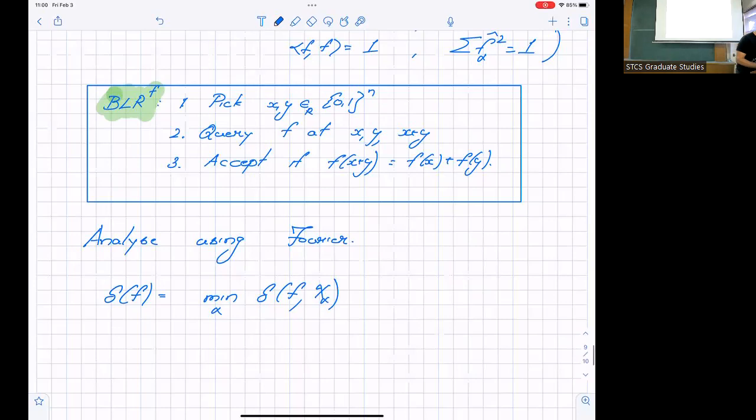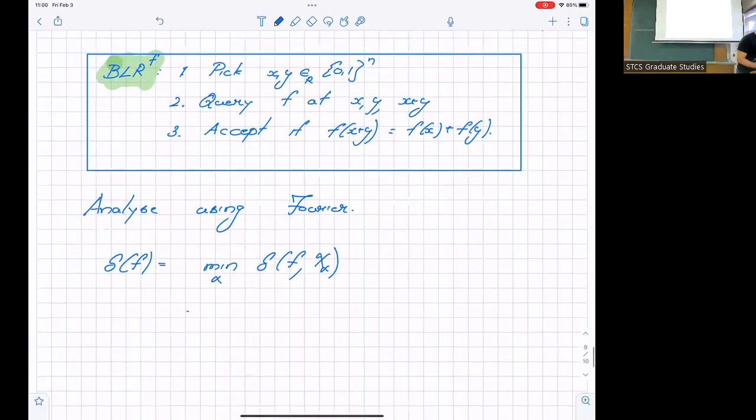What is this? This is the minimum over alpha of the probability over x that f of x is not equal to chi alpha of x. So this is a probability statement. Somehow I want to relate it to the Fourier coefficient.